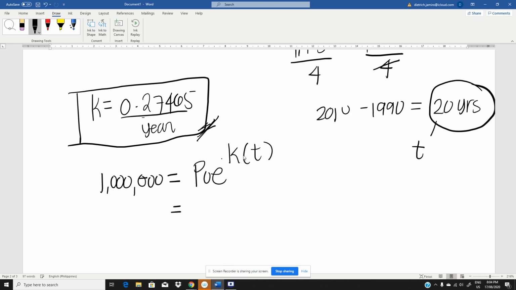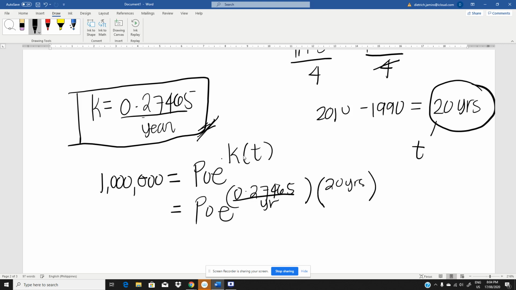So we will have 1 million is equal to P sub O multiplied by exponential of 0.27465 per year multiplied by our time, which is 20 years. As you can see, years will cancel out.